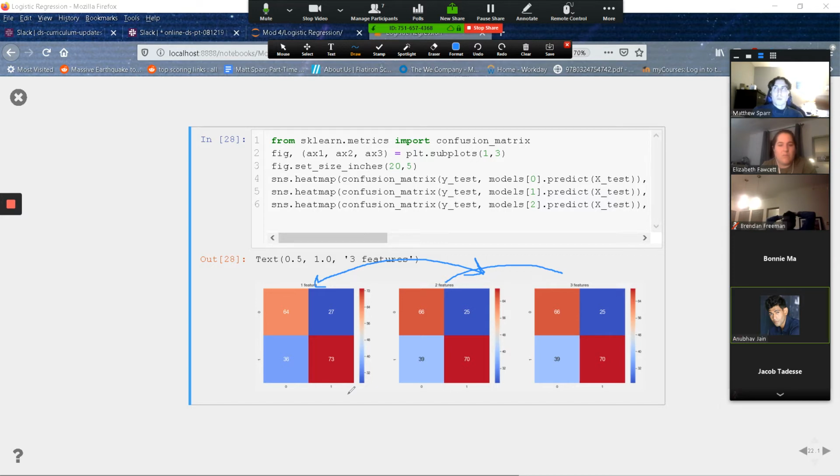In that case, if you're predicting if someone has a disease, what's the worst thing to get, a false positive or a false negative? Why is that?